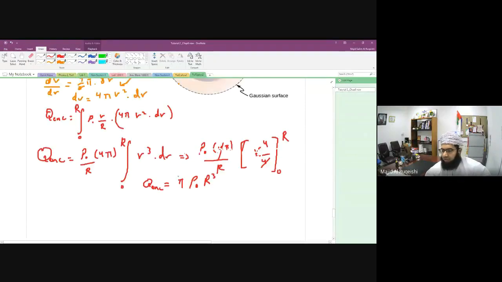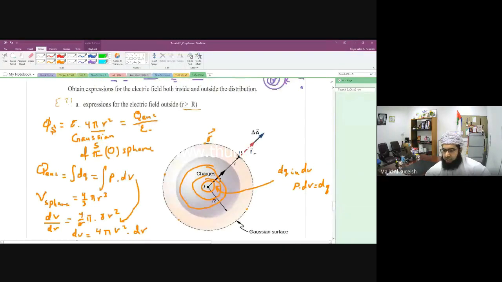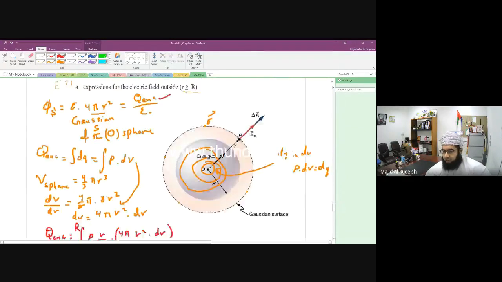We are not looking only for Q enclosed. We are looking actually for E. So we should substitute here. We should put Q enclosed here, and we know the area is 4 pi r squared.